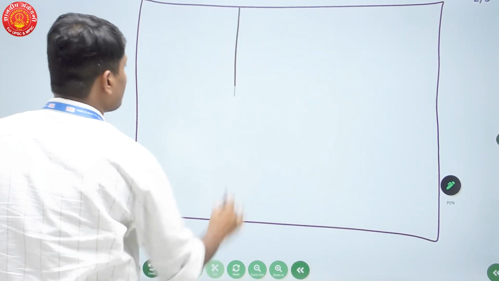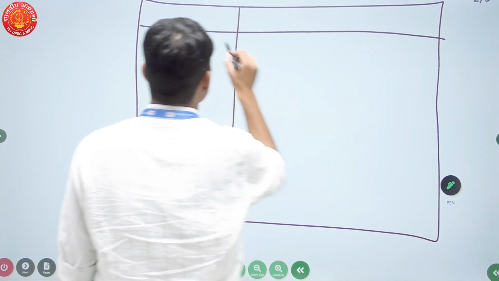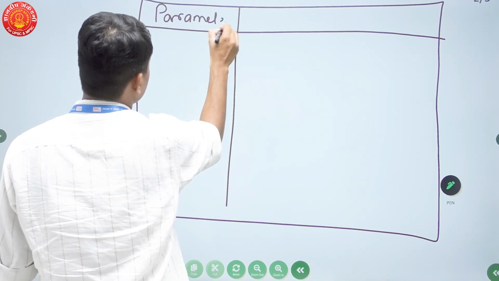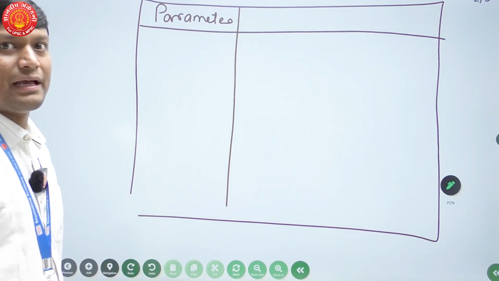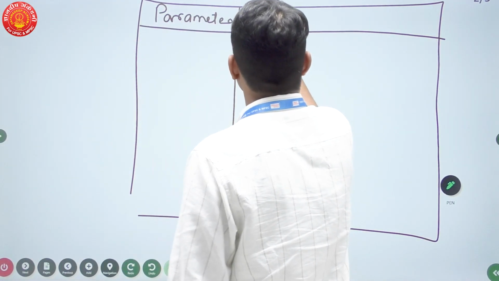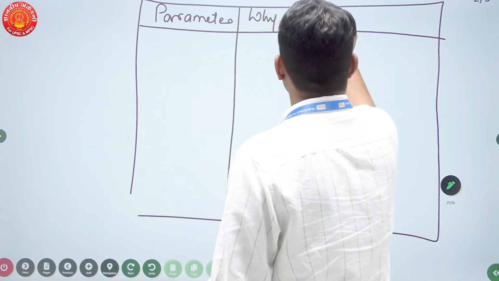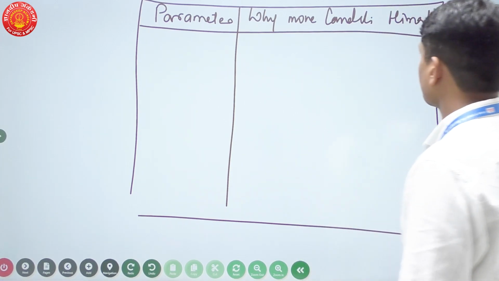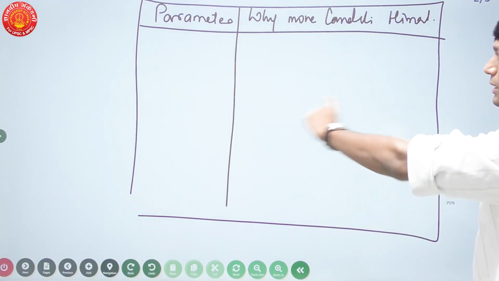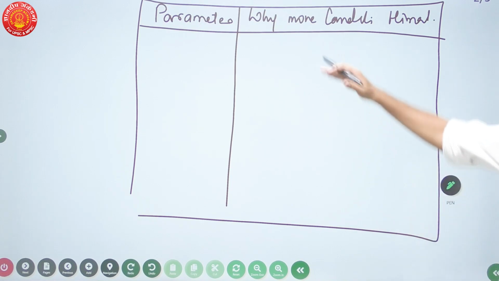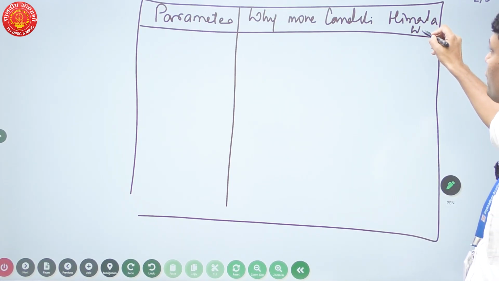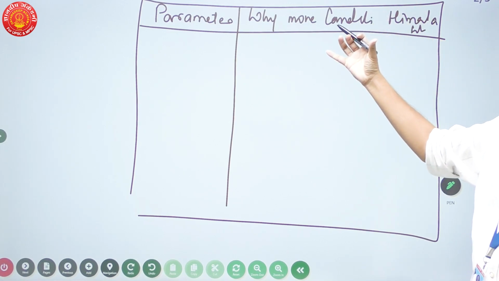And in this table, I will have a parameter column. And I will say why more landslides in Himalayas. So have a parameter and just state why there is more landslide in Himalaya as compared to Western Ghat. This is one way I can do.